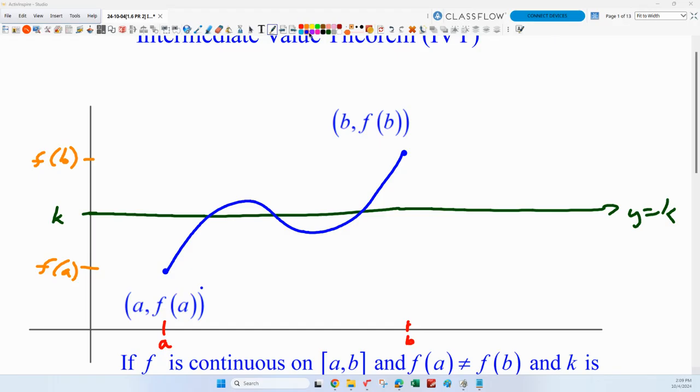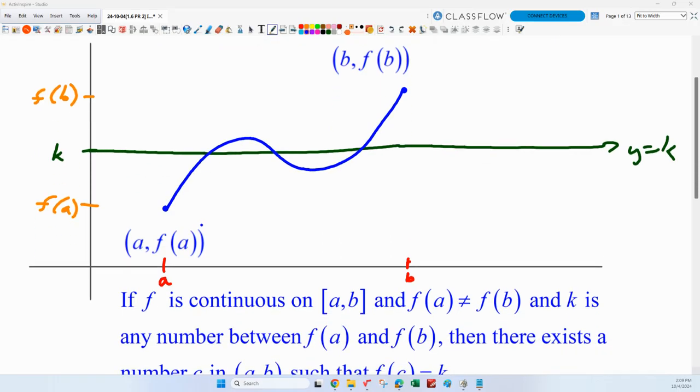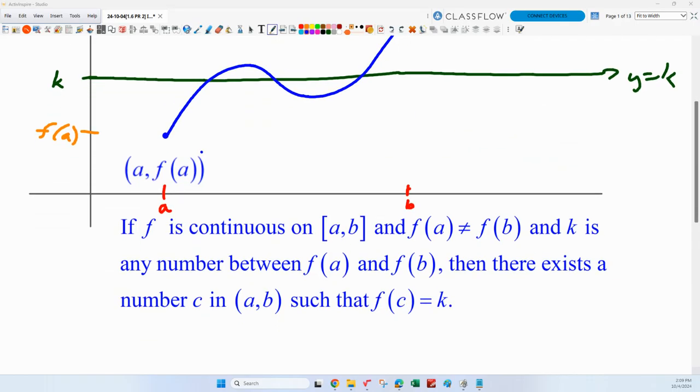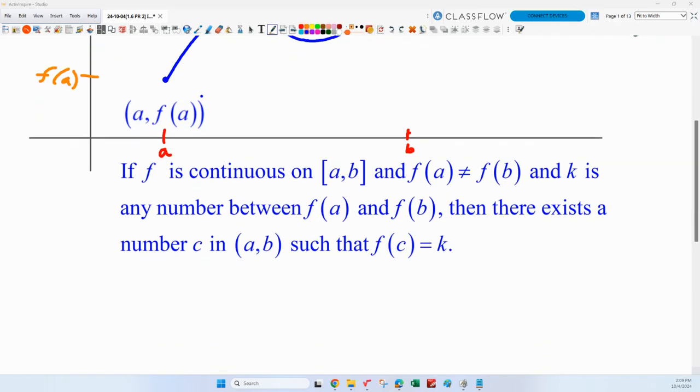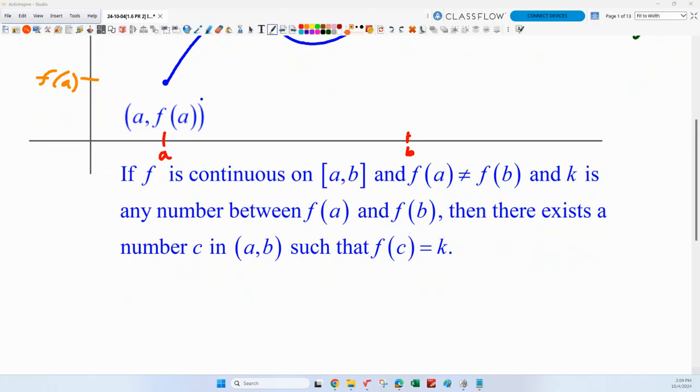Everybody see that? And so what it really says then is if k is some value between f of a and f of b, then there exists not a number, at least one number. I should say that. At least one number in the interior interval, so between the endpoints, such that f of c equals k.